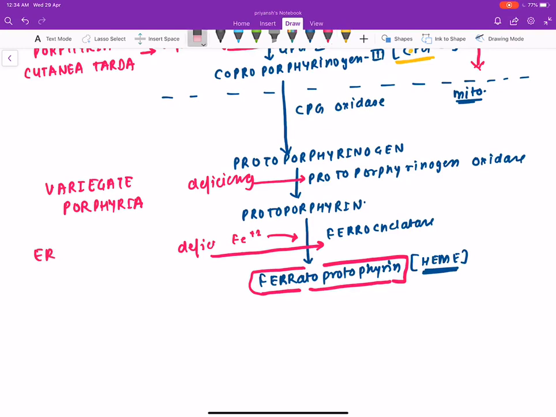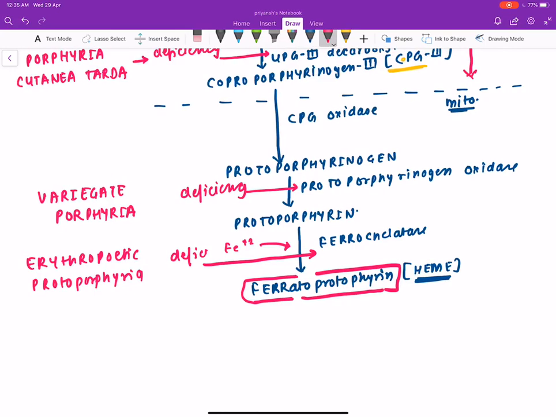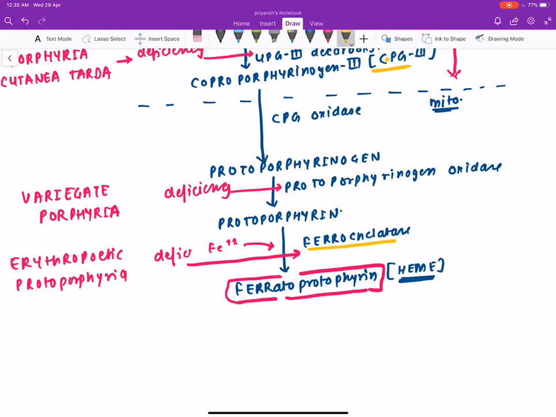This ferrochelatase enzyme, which is the last enzyme, is also inhibited by one more molecule. It can be inhibited by lead. Lead can inhibit the first enzyme as well as the last enzyme of the heme synthesis pathway.